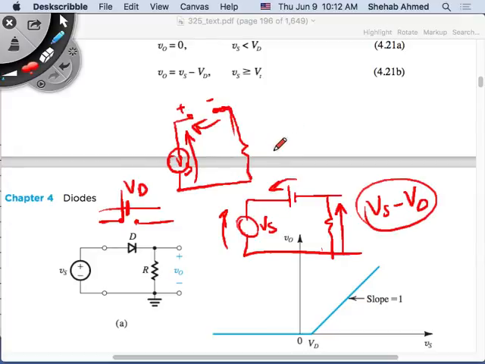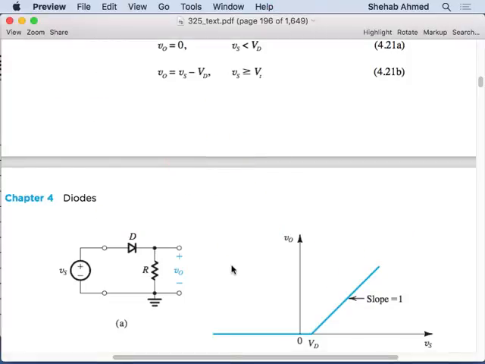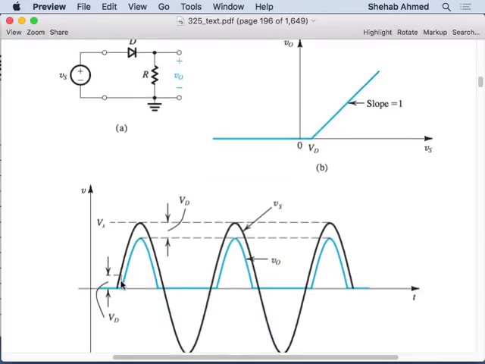So you would have to buy a diode rated for a little bit more than Vs, of course, to plug it into this circuit. And we figured out what the output voltage is. Instead of looking exactly like the input for the whole positive half cycle, it will look like the input minus Vd. You always subtract Vd from it.